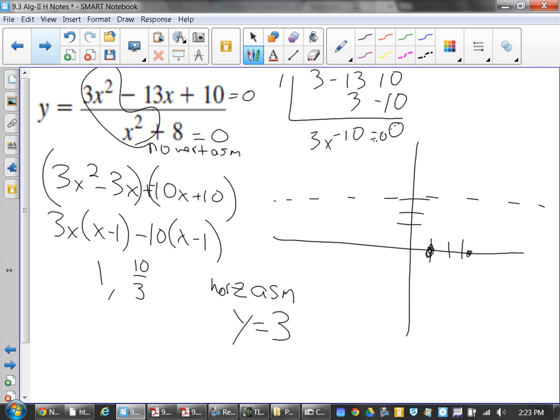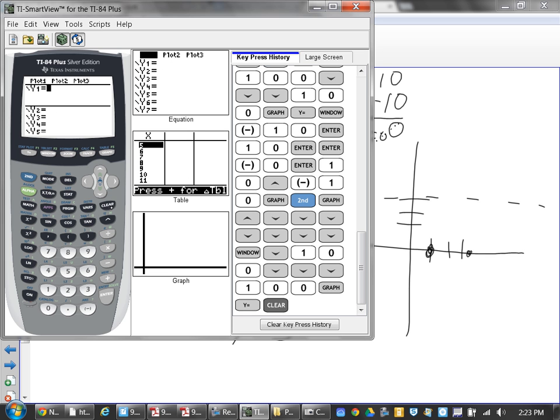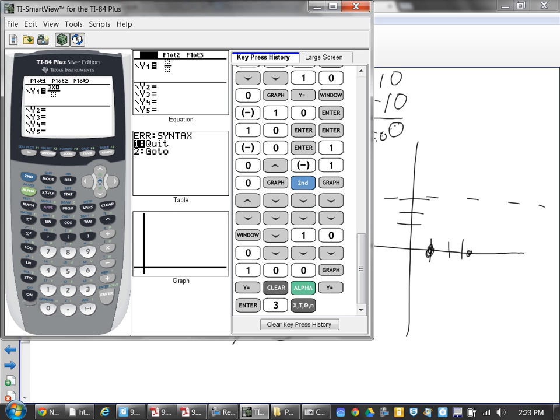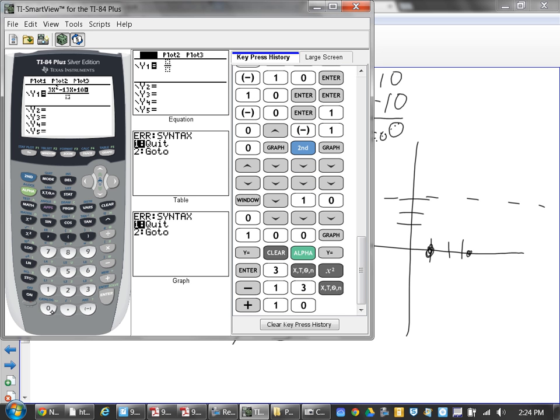What happens now is you pop into your calculator and get a rough sketch idea of it. Y equals 3x squared minus 13x plus 10 over x squared plus 8.